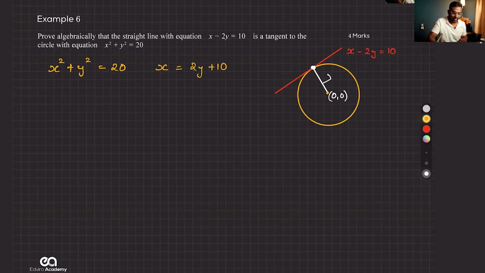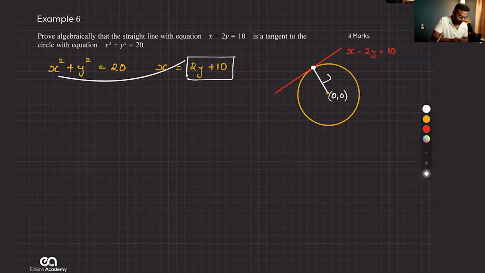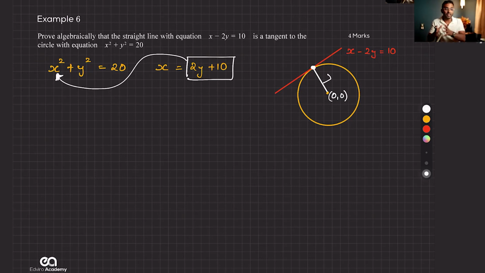Watch where I'm going. Instead of the x over there, I'm just going to substitute it. And when we do that, we will have 2y plus 10, the whole squared, plus y squared equals 20. Would you all agree with that?